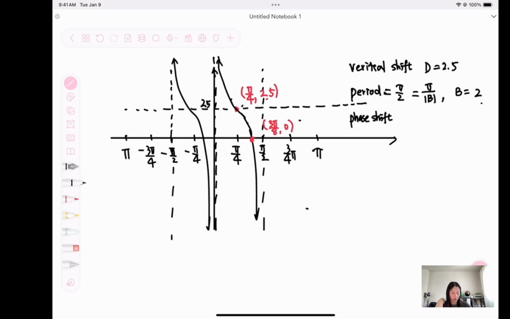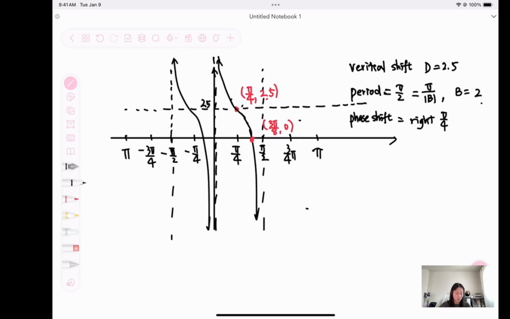Now it has become pi over 4, so that means it's shifted to the left. Oh, right, sorry. Or left, either way works because they repeat. I'm more used to right. So let's do right, pi over 4.